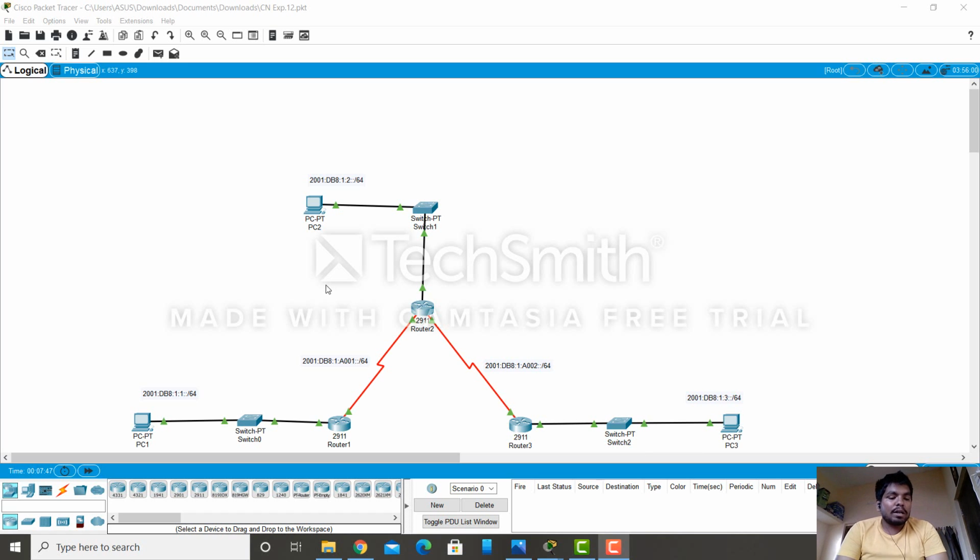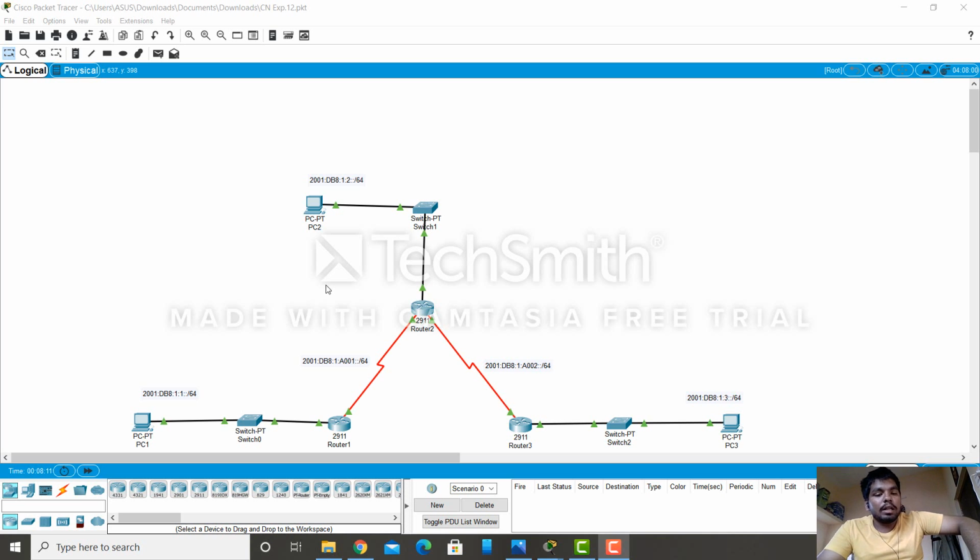For the output of this experiment, you need to upload the IP configuration for PC1. Desktop IP configuration is static, default gateway 0, DNS server 0, IPv6 configuration static.